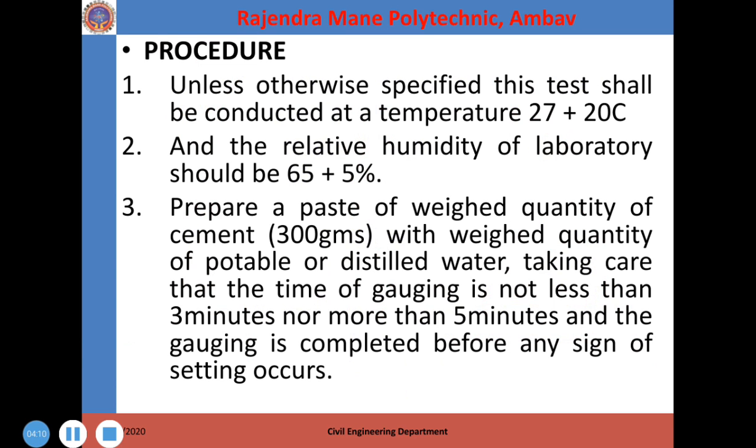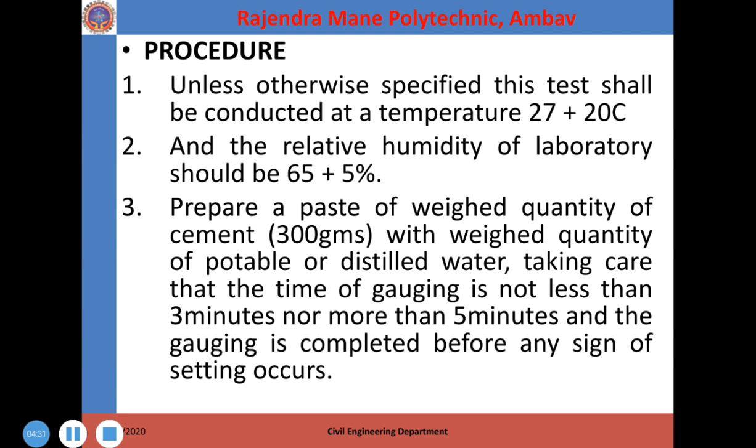Unless otherwise specified, this test shall be conducted at a temperature of 27 plus or minus 2 degrees centigrade. The relative humidity of the laboratory should be 65 plus or minus 5%.